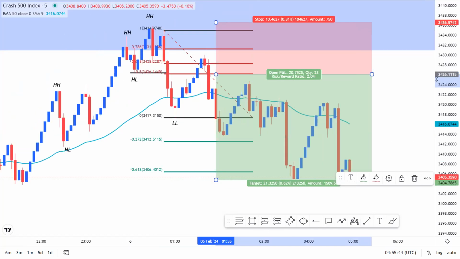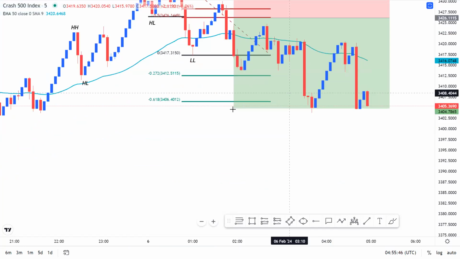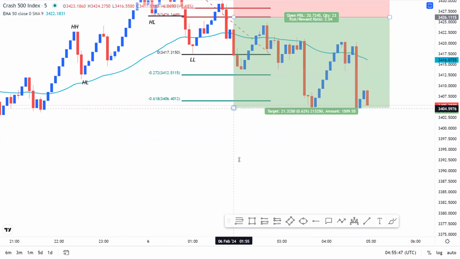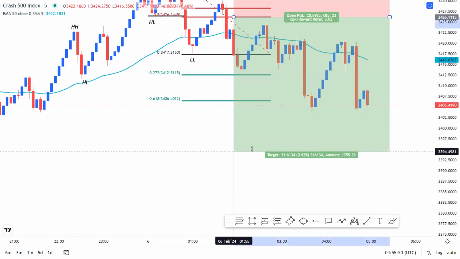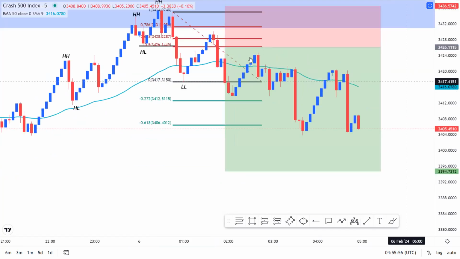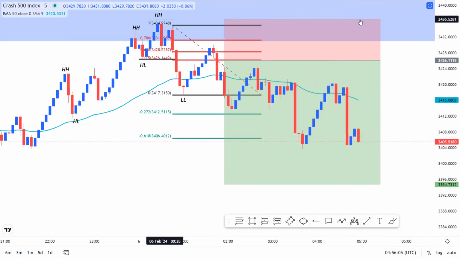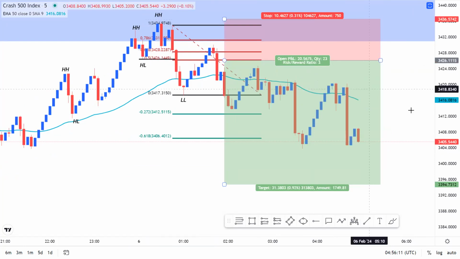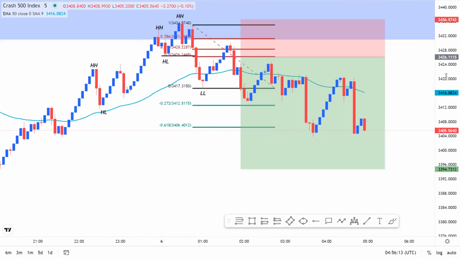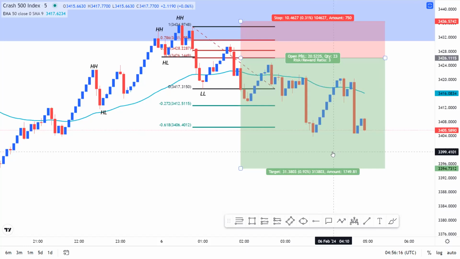However, I'm going to keep holding my sells all the way till I have a 1 to 3 take profit target. I'm currently having my trade risk free as I've moved my stop losses from where I had it right above the hourly time frame highs right about here into a break even, waiting for this to snatch my 1 to 3 risk to reward take profit.